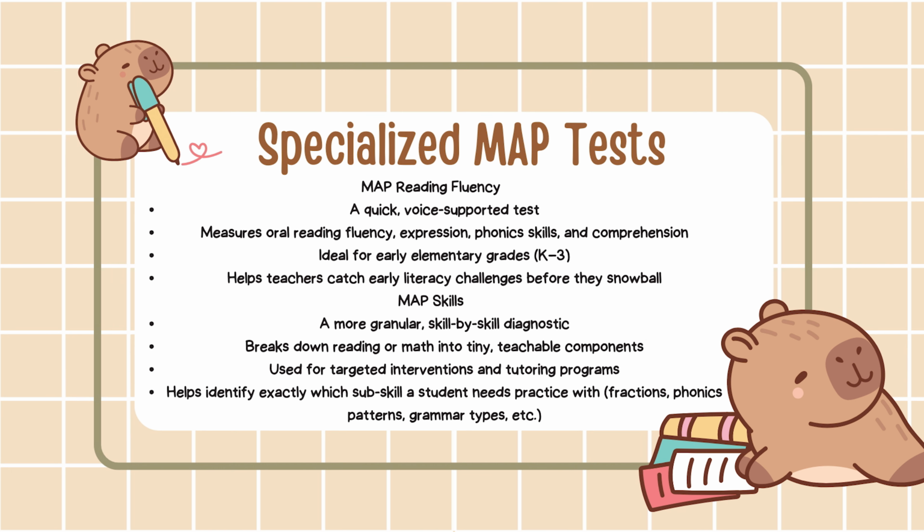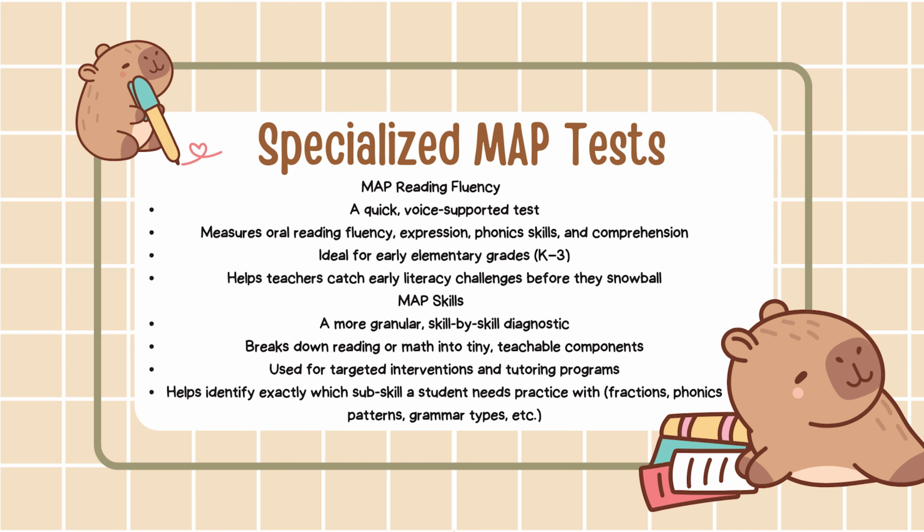All right, specialized MAP tests. These are some more MAP tests that are specialized for certain people. MAP Reading Fluency, a quick voice-supported test, measures oral reading fluency, expression, phonics skills, and comprehension. Ideal for early elementary grades, K to 3.